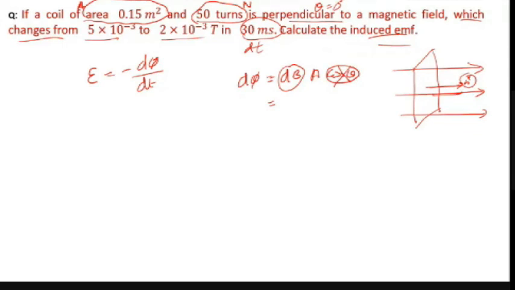What is the initial one? 5 into 10 raised to minus 3. So what is the change? Final minus initial, 2 minus 5, 10 raised to minus 3 is common. Minus 3 into 10 raised to minus 3, multiplied by area 0.15. Multiply and tell me the answer.